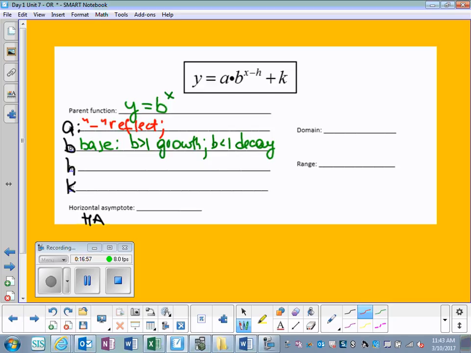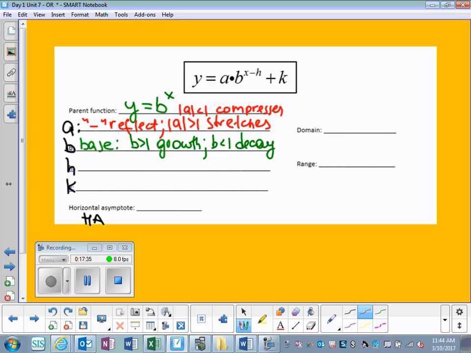If the absolute value of A is greater than 1, then it stretches. And if the absolute value of A is less than 1, then it compresses. I put absolute value because it's by magnitude, so I don't have to think about positives and negatives there. You see what I mean? Negative means A less than 0.